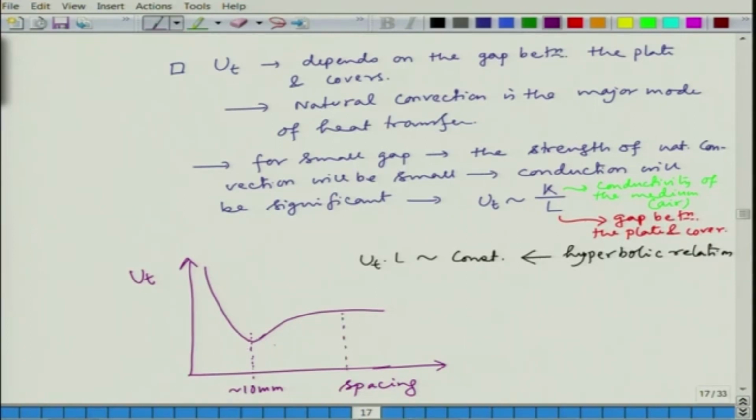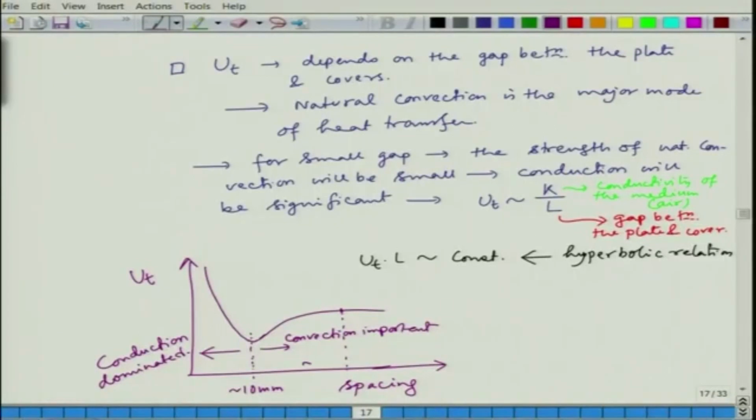Okay. So, in this region it is conduction dominated, okay. And up to a certain value of spacing you will have convection to dominate, and it will also be a function of spacing, and beyond a certain value it will not be a function of spacing anymore.